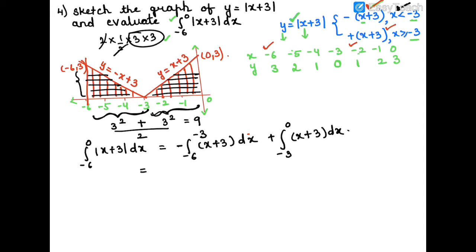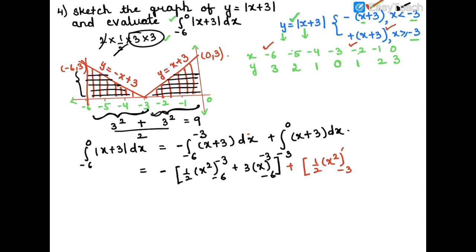When I integrate this, I'm going to get a minus, and this part is half x square from -6 to -3 plus 3x from -6 to -3, and then the second part is plus half x square from -3 to 0 plus 3x from -3 to 0.